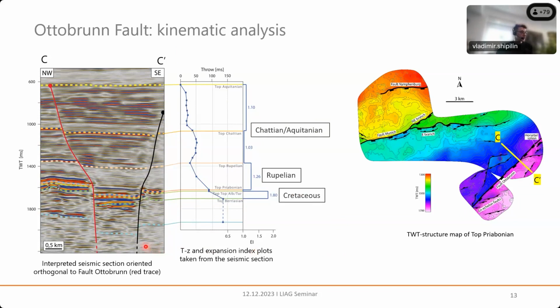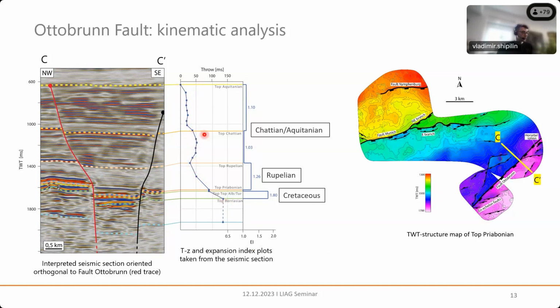And here, once again, we've got the cross section orthogonal to the strike of the fault Ottobrunn. And on the right-hand side, we've got two graphs, one representing the throw values that I picked along around 21 horizons that I was able to correlate across fault Ottobrunn, plotted against depth.